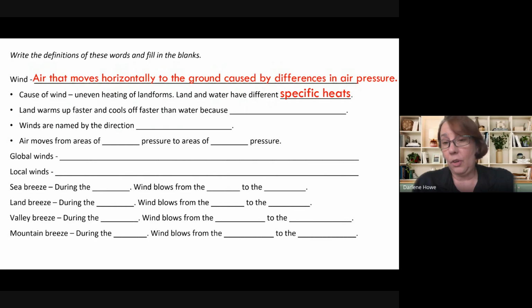It takes a longer time to heat up and a longer time to cool down. Land has a very low specific heat. It heats up quickly, but it also cools off quickly. Land warms up faster and cools off faster than water because its specific heat is lower than that of water's.